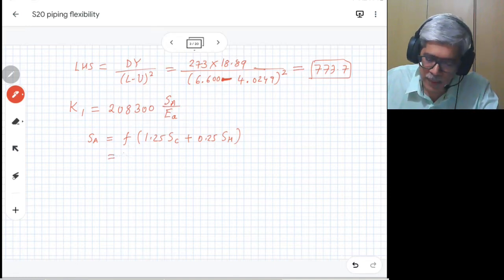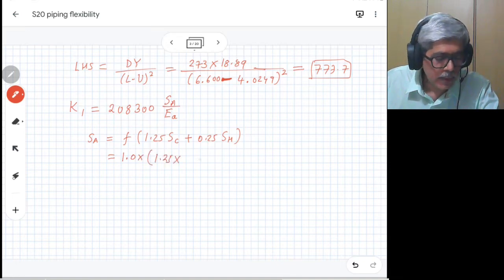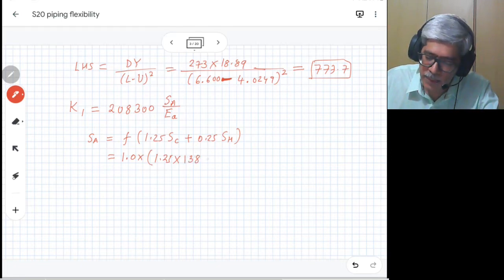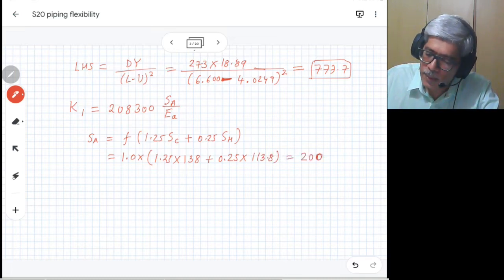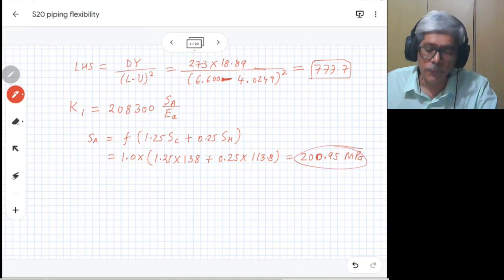So the value of factor F is 1.0, multiplied by 1.25 into SC, which is given as 138 MPa, plus 0.25 into SH, which is given as 113.8 MPa. So if you calculate, this value comes to 200.95 MPa. So we get the value of SA.